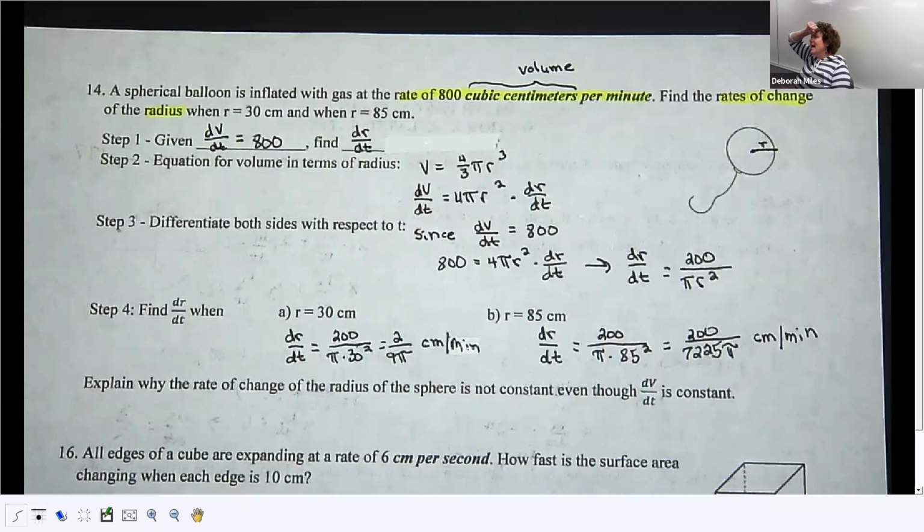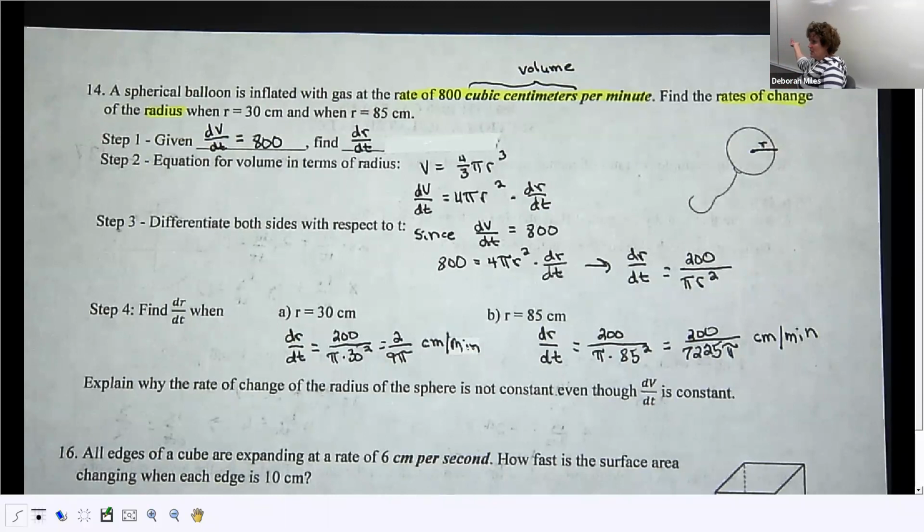Where is the height, the depth going to be changing more slowly? At the bottom, because it has to fill up more space. Once you get to the skinny end of the vase, the water starts rising rapidly.